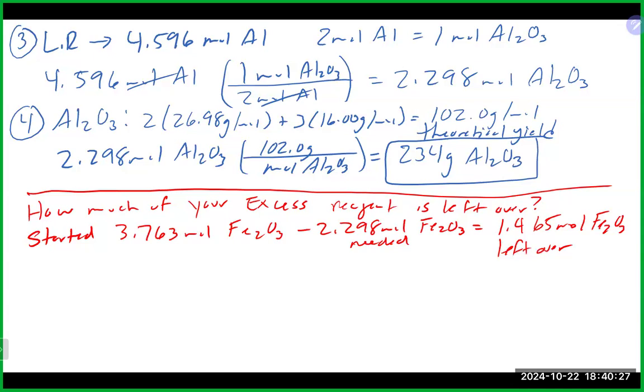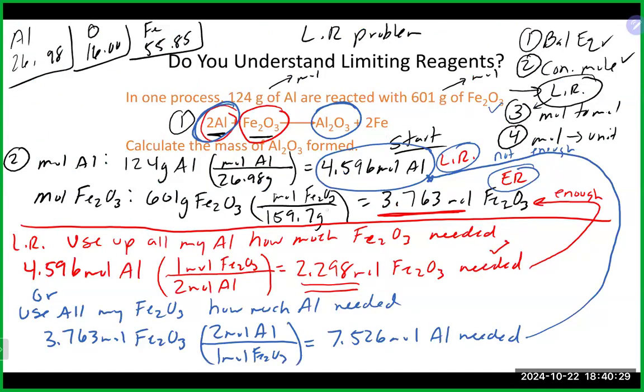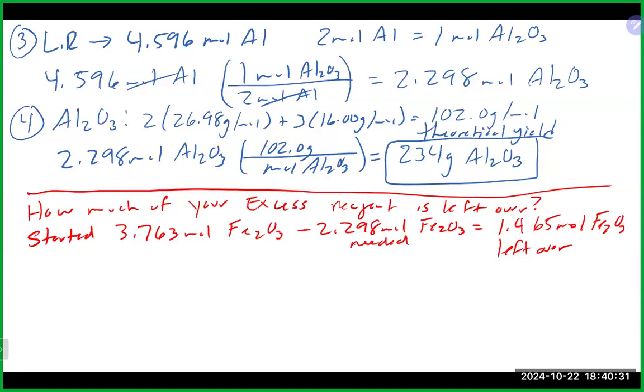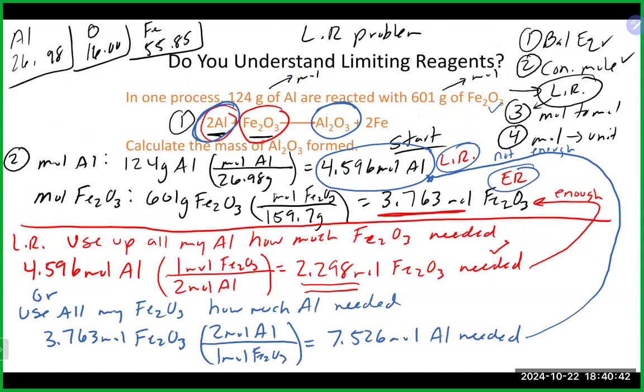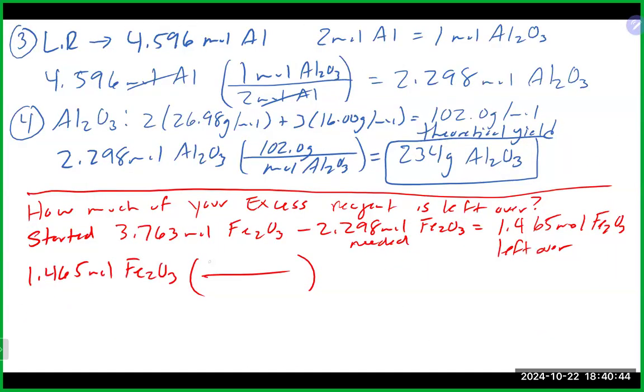We can use the molar mass, which we also have over here, 159.7, to figure out how many grams that would be. 1.465 moles of our iron 3 oxide times the molar mass, 159.7 grams per mole.